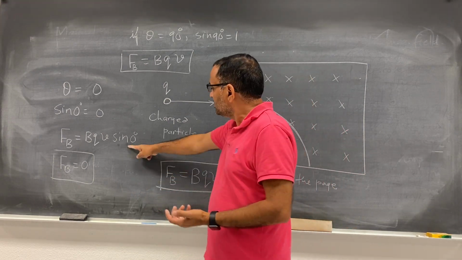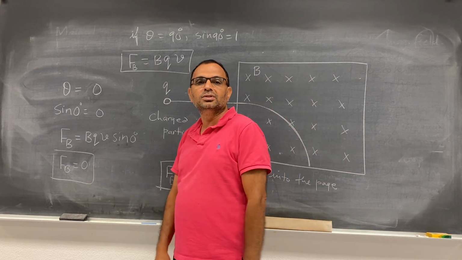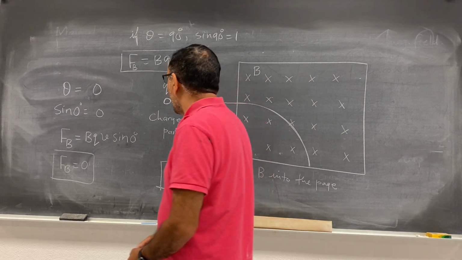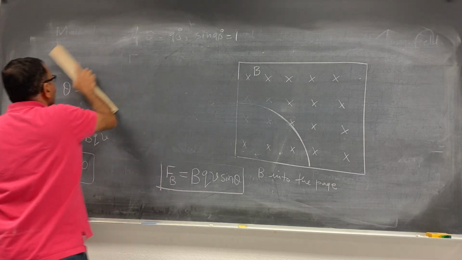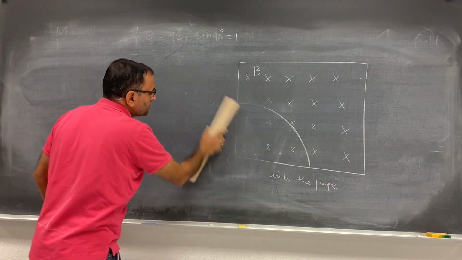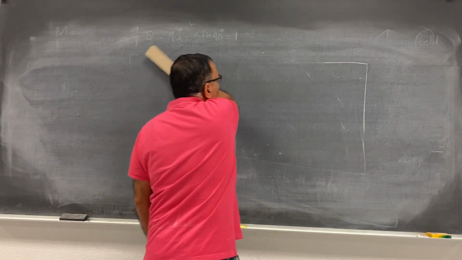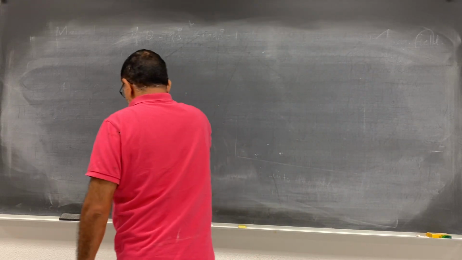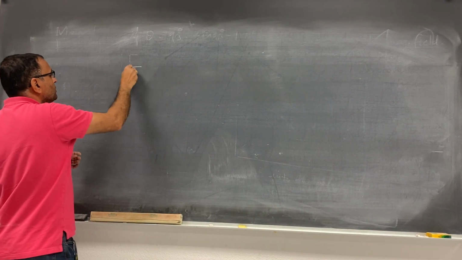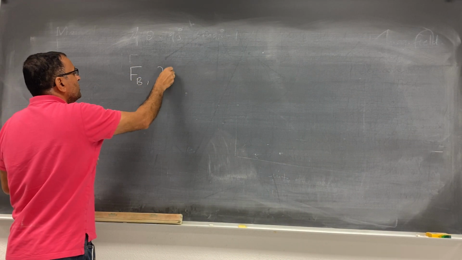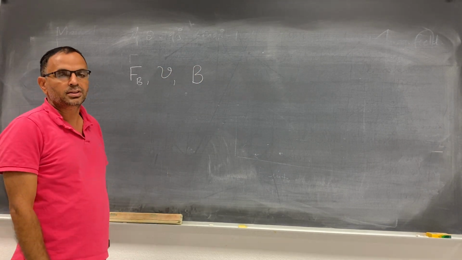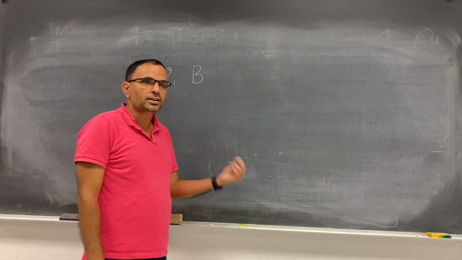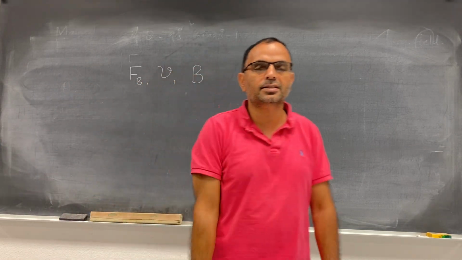If you plug in this equation, you get the force is equal to 0. So here you have three things: a magnetic force, a velocity V, and a magnetic field B. All are vector quantities.